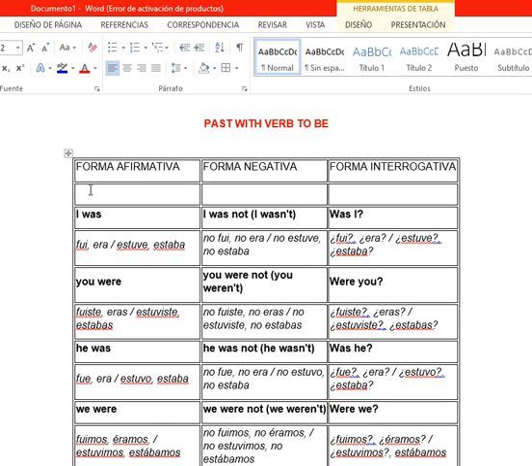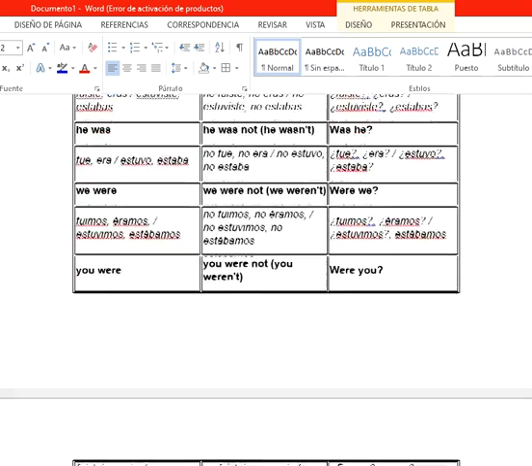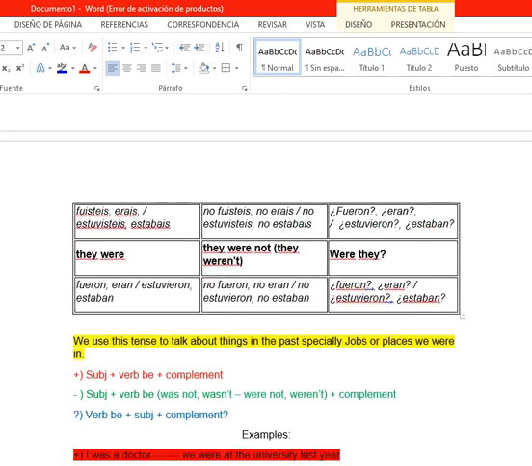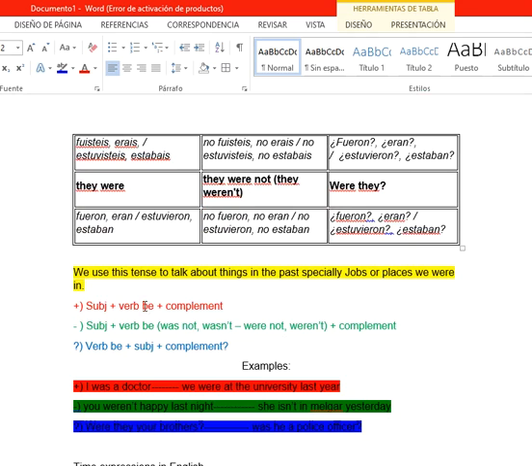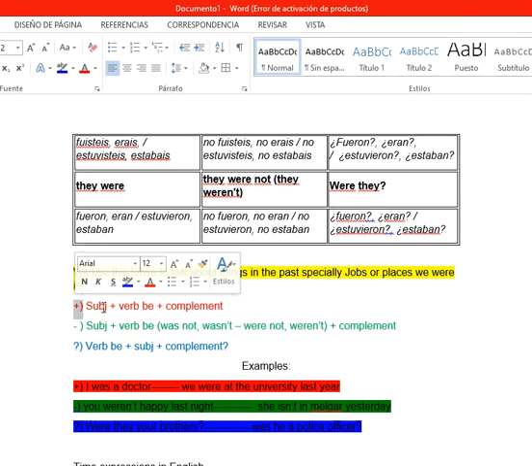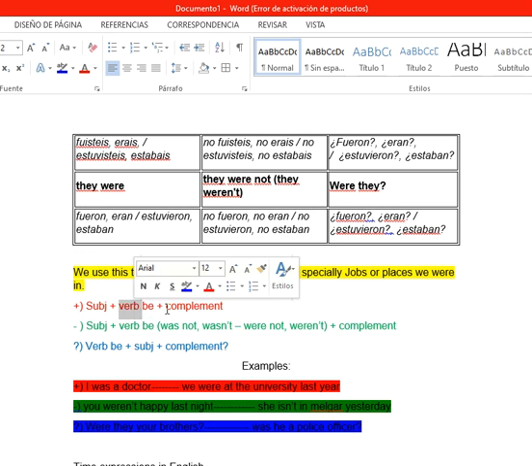Okay, as you can see, it's the same as we were talking about minutes ago. I'm talking about the structure, but here we're going to have the structure more specified. To create a positive or affirmative sentence, we need first of all a subject, then the verb to be, and then a complement.